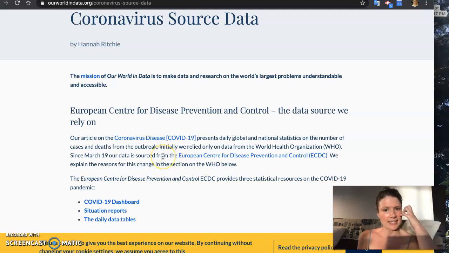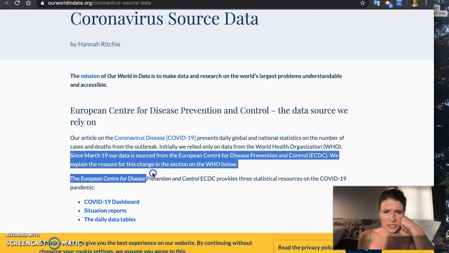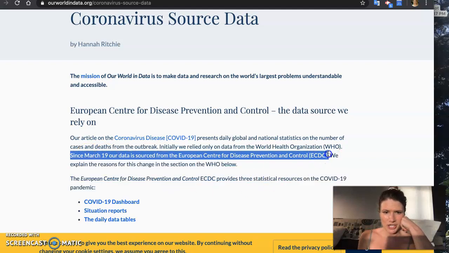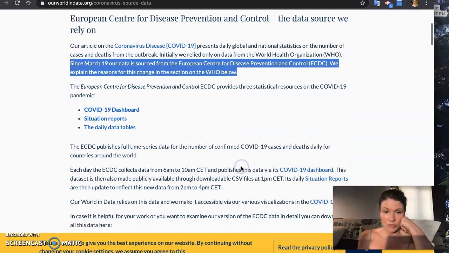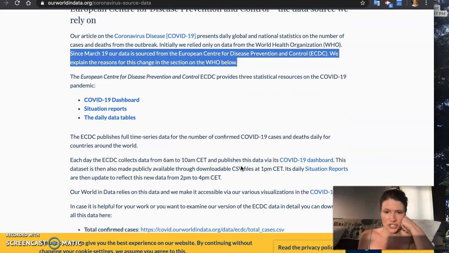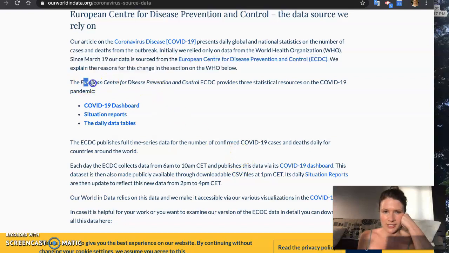Okay, so it says, we relied on data from the World Health Organization. Since March 19th, our data is sourced from the European Center for Disease Prevention. We explain the reasons for this change in the section below. Interesting. So at first, this resource was relying on the World Health Organization, and then they started relying on a different source, which is just the European Center for Disease Prevention and Control.